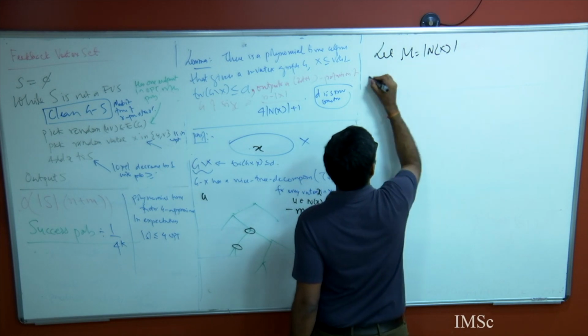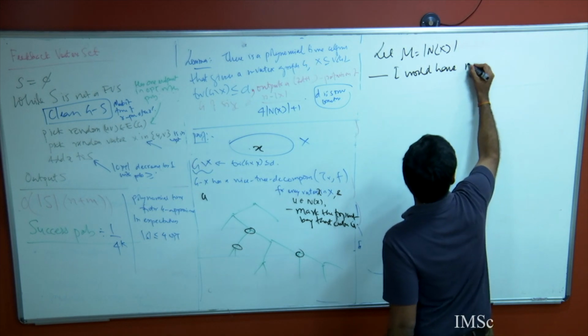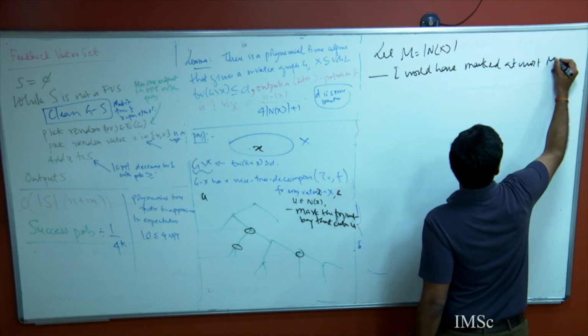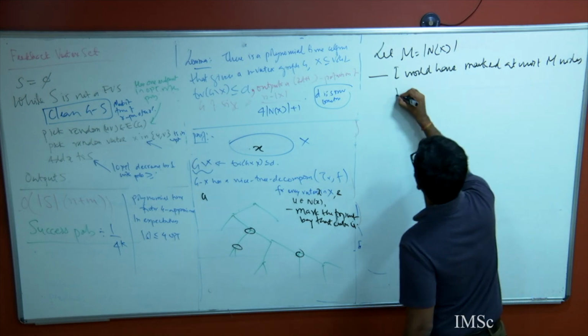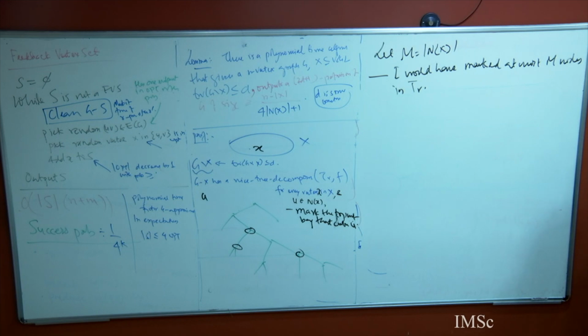I claim that I would have marked at most m nodes in the tree. Do you agree to this? If it has m neighbors, I could have marked some m bags. Maybe fewer, because you would have marked this one already.